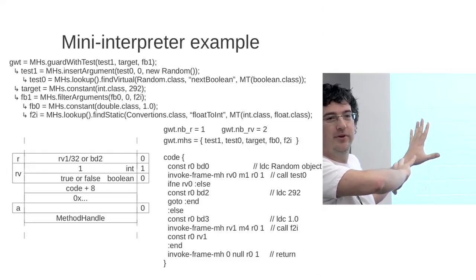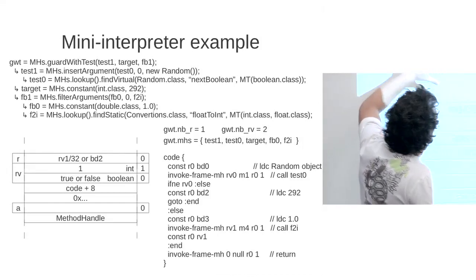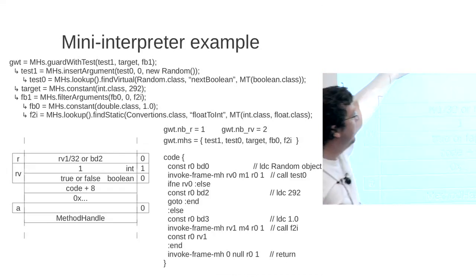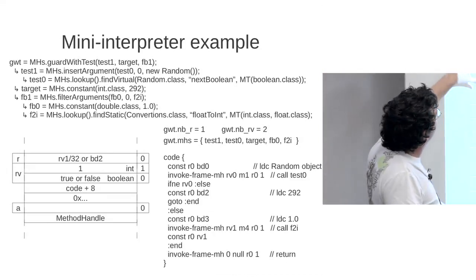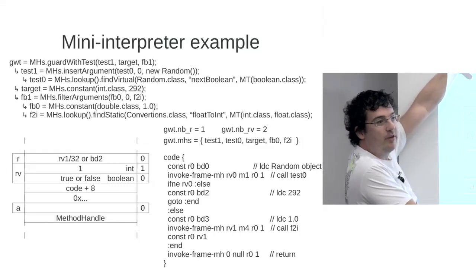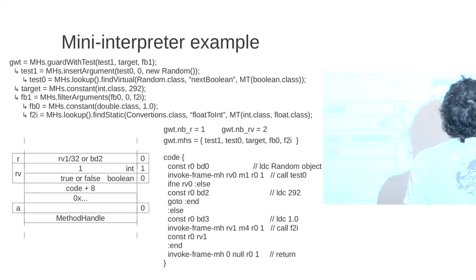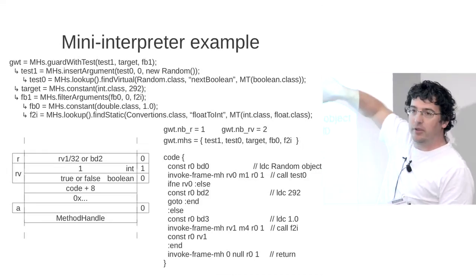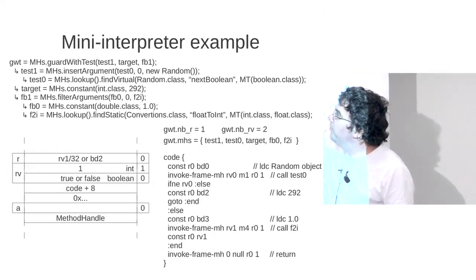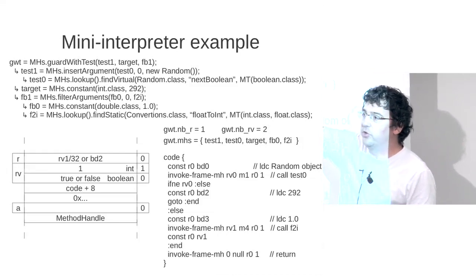It's enough to say that we have a tree of method handles. We know the whole tree when we create the stack frame, so we can calculate all the method handles we need. We need them because we want to access their arguments.